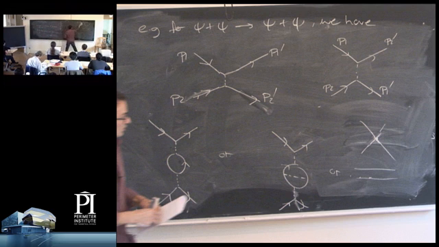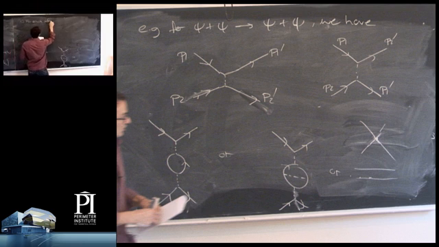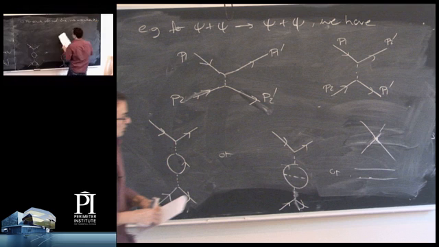Okay, so finally, for each internal line with momentum k, write down the factor of the integral over that momentum times the Fourier transform of the propagator for that particle.